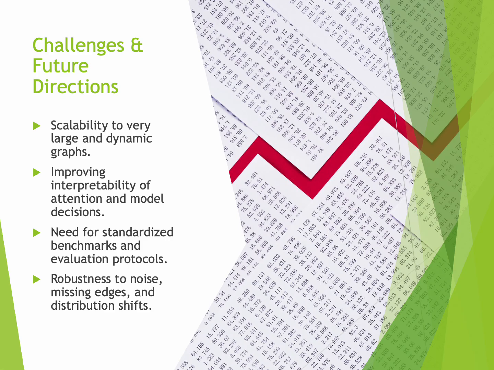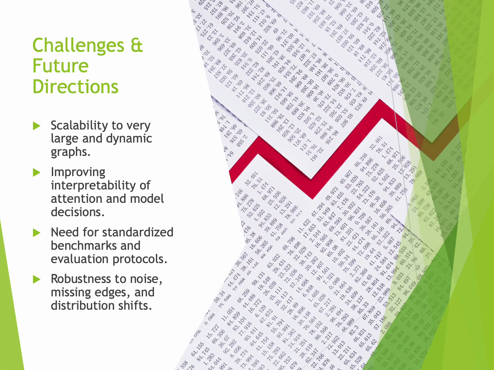Second, interpretability. While attention gives some insight, fully understanding why a model made a particular decision on a complex graph is still very difficult. Third, the community needs better benchmarks and evaluation protocols to fairly compare models. And finally, robustness to noise, missing edges, and distribution shifts remains an important research direction.